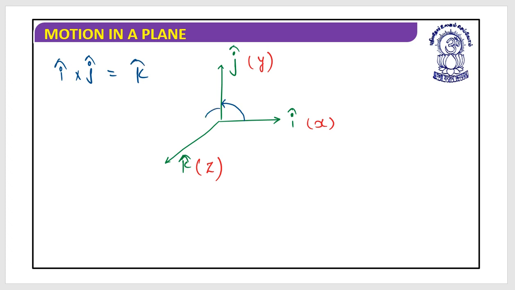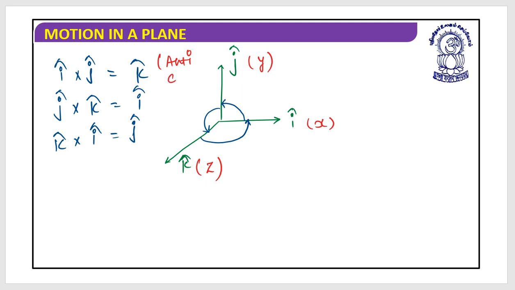If I move again in this direction, j cross k would be i cap. If I move from k to i, k cross i would be j cap. This is the situation when we are moving anti-clockwise.